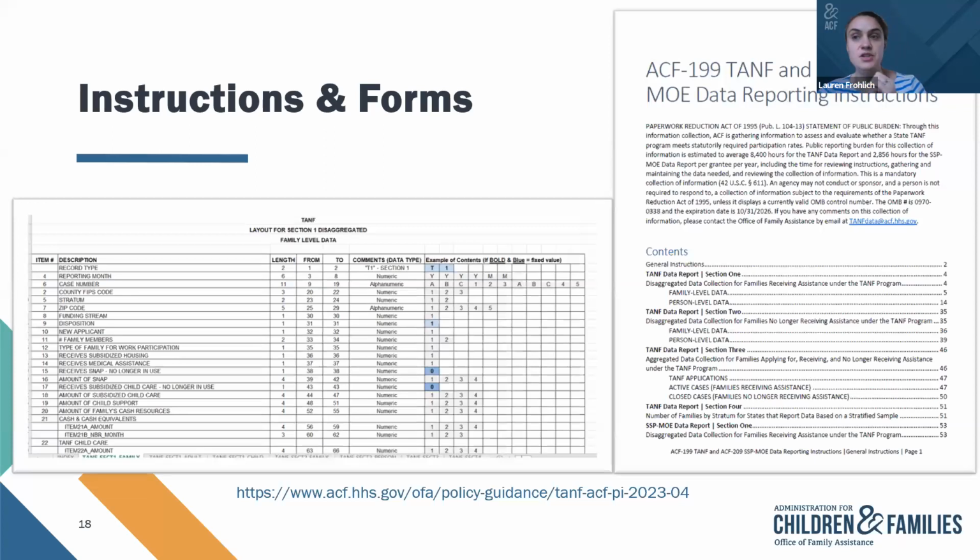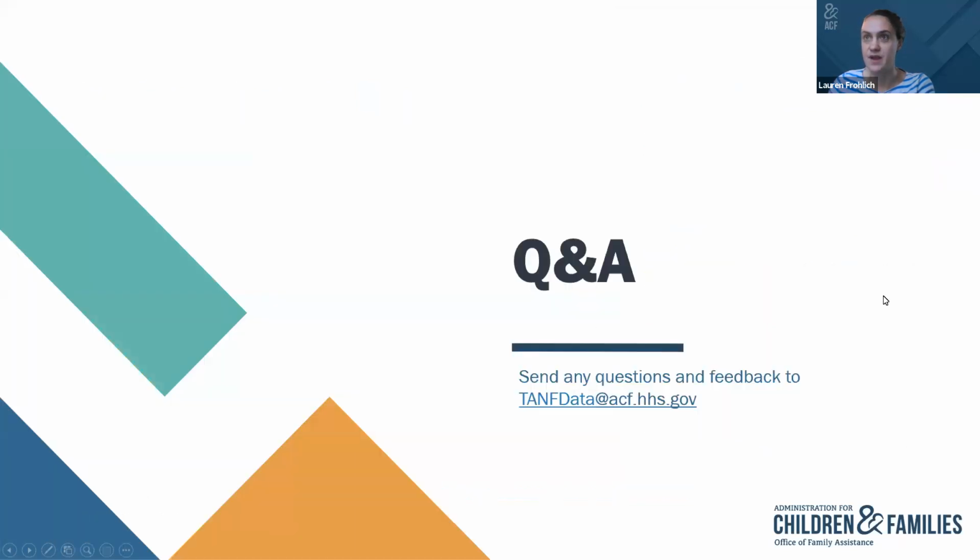So it should be clearer to see all the different items, item number, description, length, the place within the file, the data type, and then an example of the contents. And we've also indicated there where a code is no longer in use and you should be entering 0 or 1. And so we hope that these will be useful tools and more helpful than they were previously.